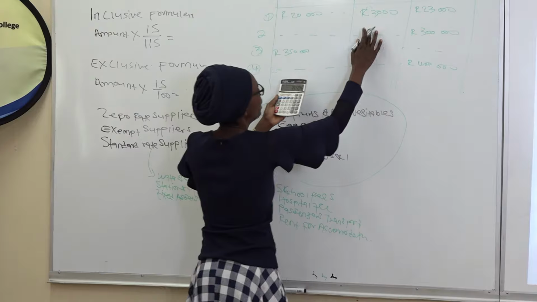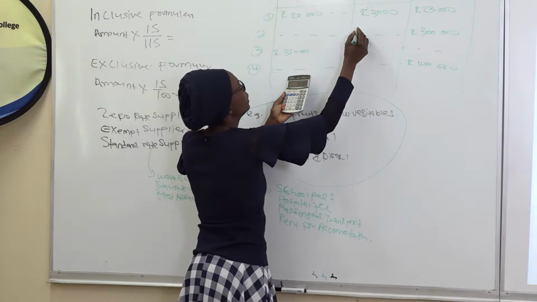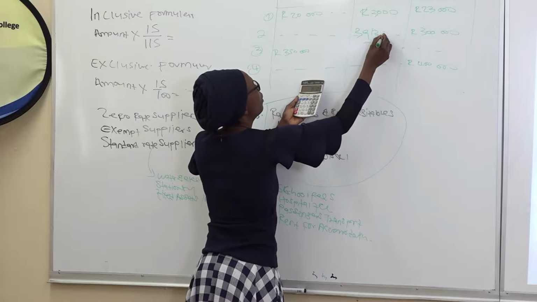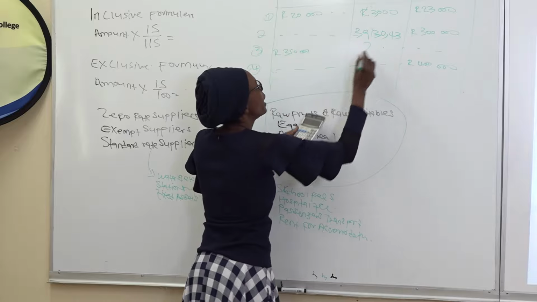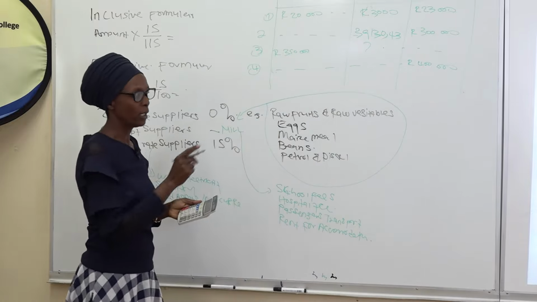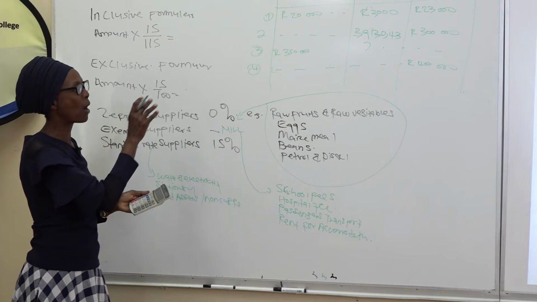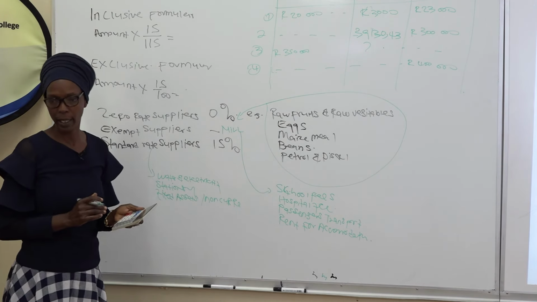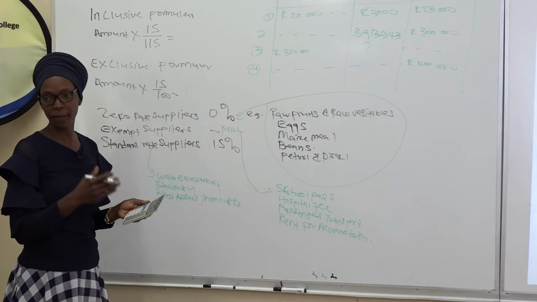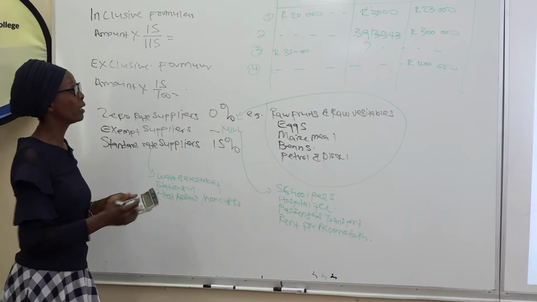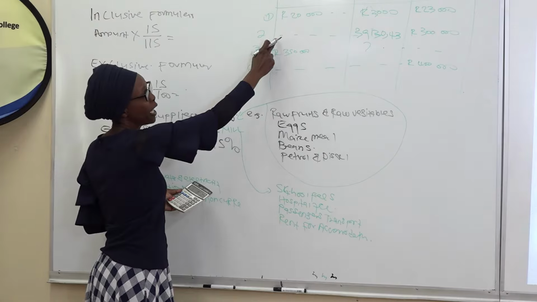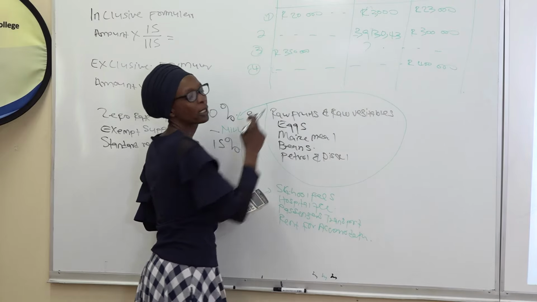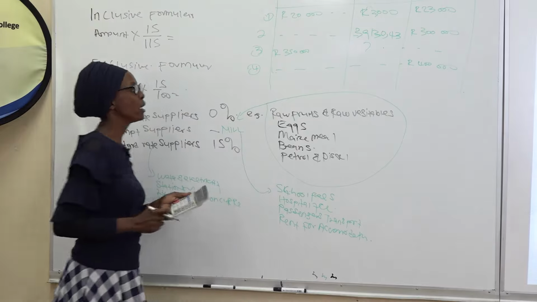Our VAT is now 39,130.43. If they didn't indicate that you have to round to the nearest rand, you must also indicate the cents. We must have two numbers after a comma. Then if you want to calculate the exclusive, you can say inclusive amount minus the VAT, you'll get the exclusive amount.